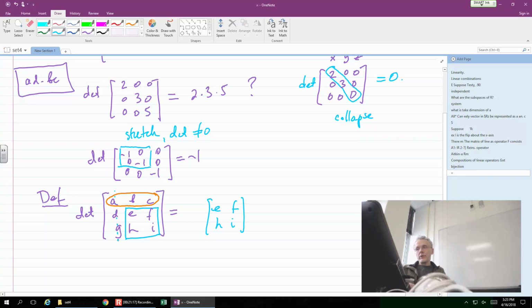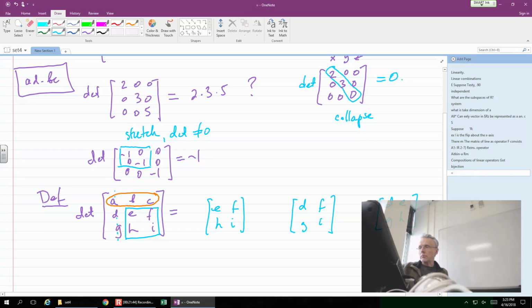The first row is removed altogether, and then I'm left with E, F, H, I. If I remove the second column, I'm left with D, F, G, I. And finally, if I remove the third column, I'm left with D, E, G, H.